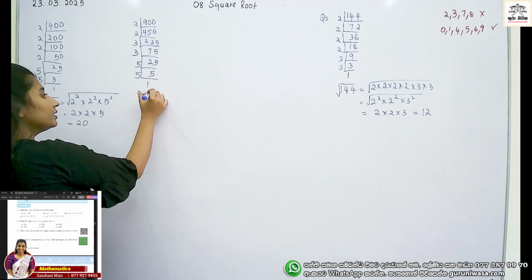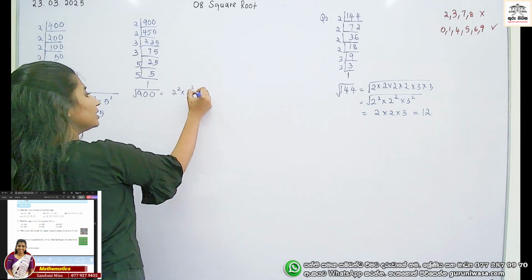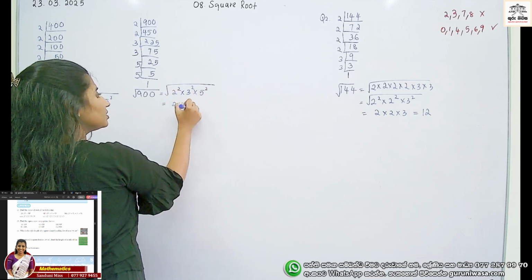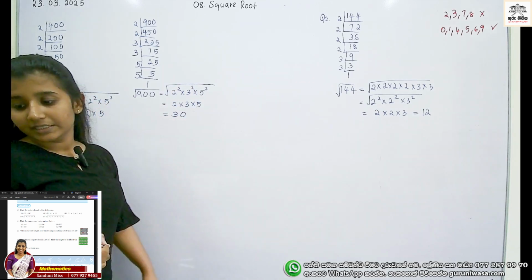So 900 is equal to 2 square, 3 square, 5 square. 2 times 3 times 5, which is equal to 30.